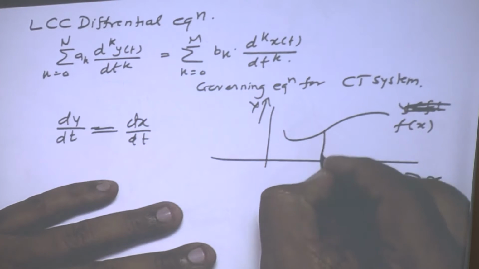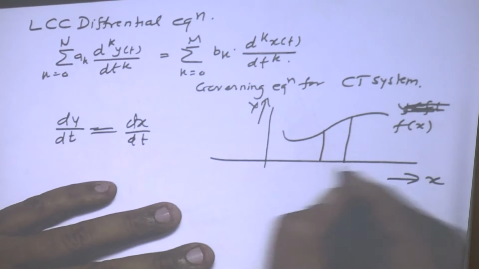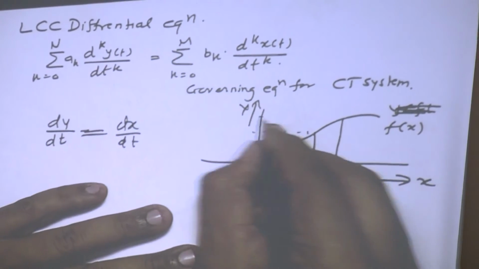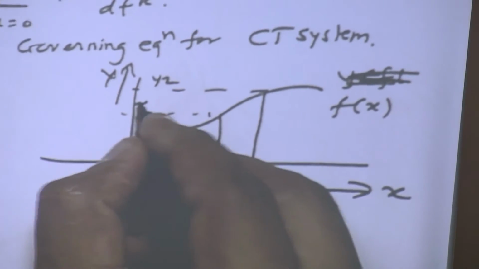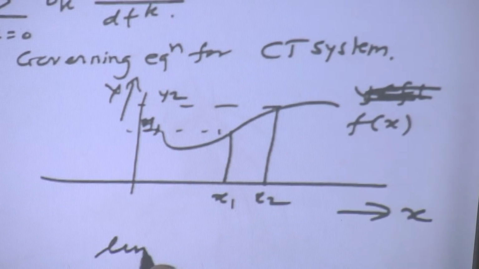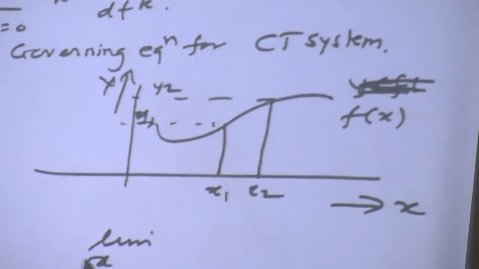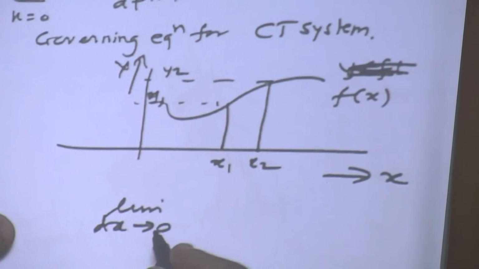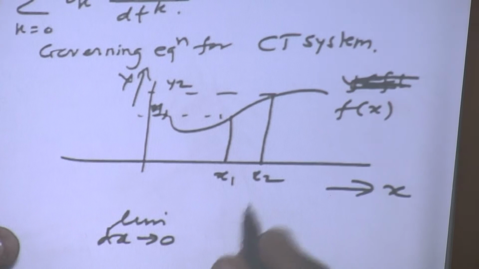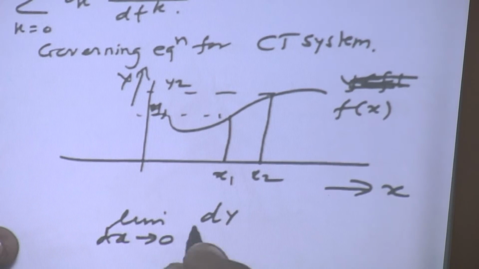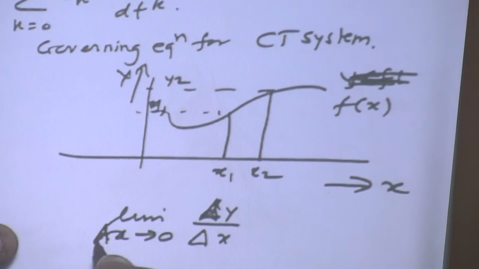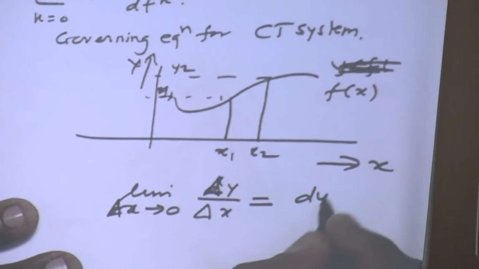Dy by dx is defined as, you take two consecutive points x1, x2 and you get two consecutive points here, y2 and y1. Then in the limiting sense, limit delta x tends to 0, delta y by delta x tends to dy by dx.